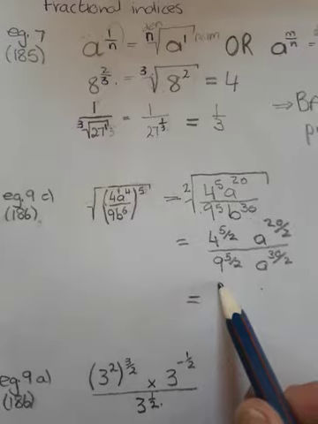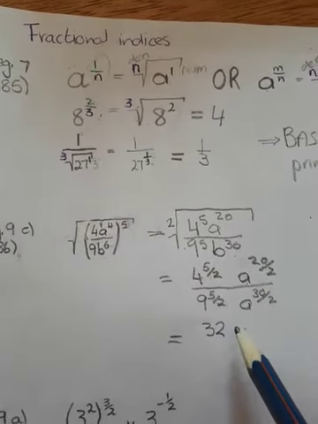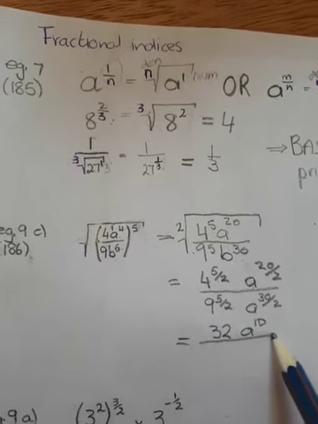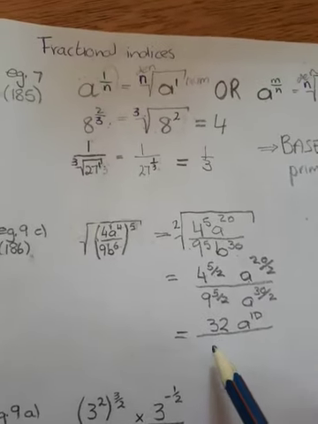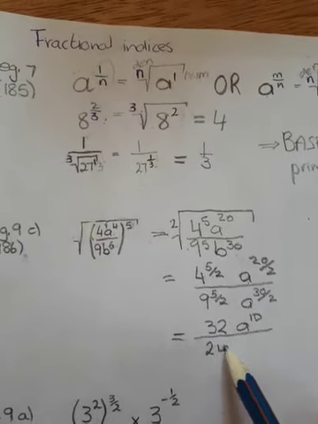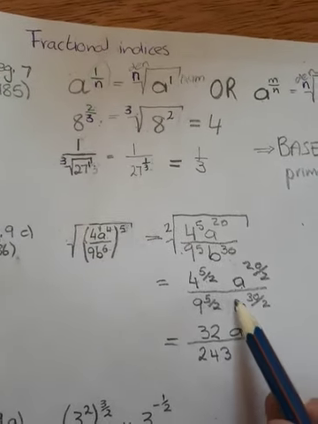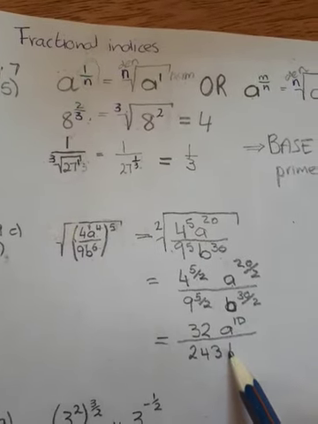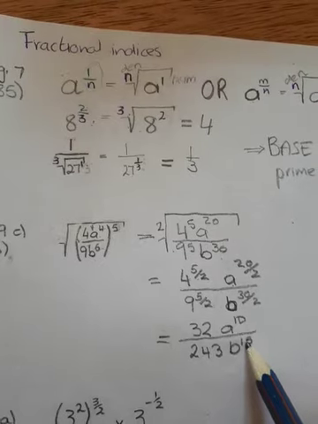Okay, so that would be 32, and then a to the power of 20 divided by 2 is a to the power of 10. And if you press 9 to the power of 5 halves into your calculator, it will give you the answer of 243, and b to the power of 30 divided by 2 would be b to the power of 15.